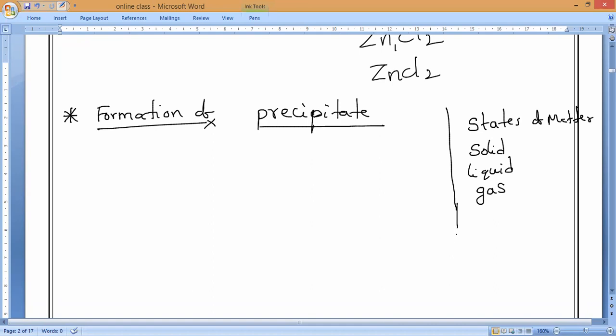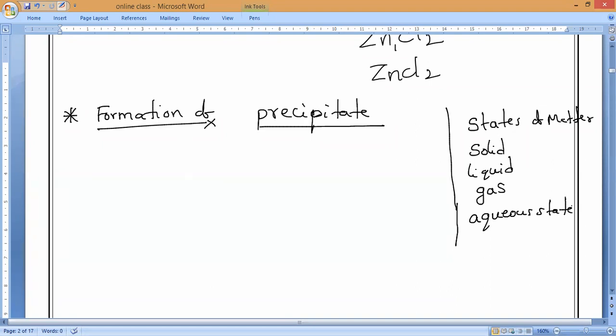Now, one more state I will tell you. Those who don't know can also remember. We call it the aqueous state, AQUEOUS. What do we mean by aqueous state?